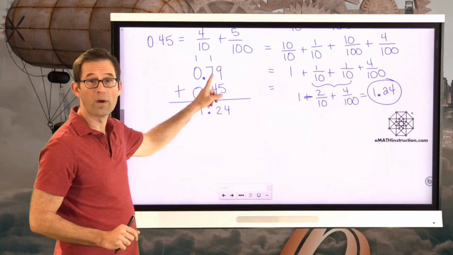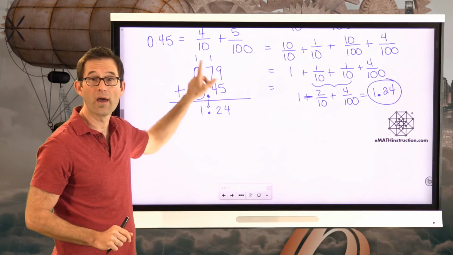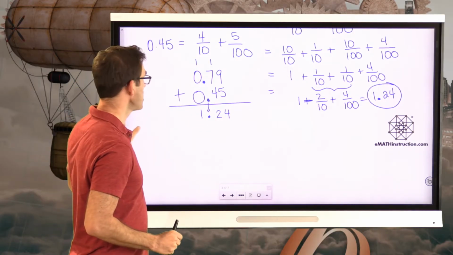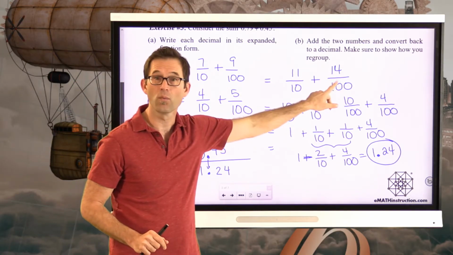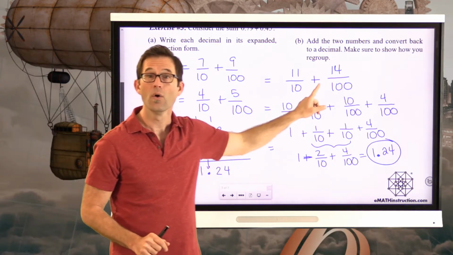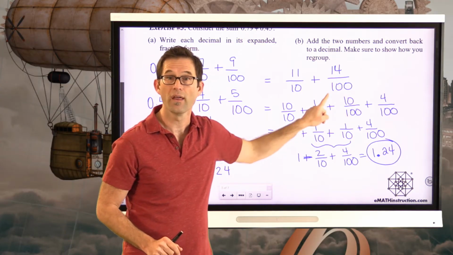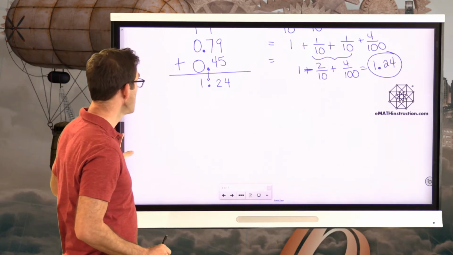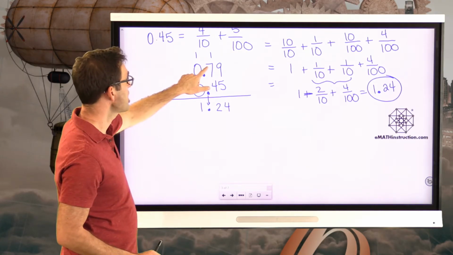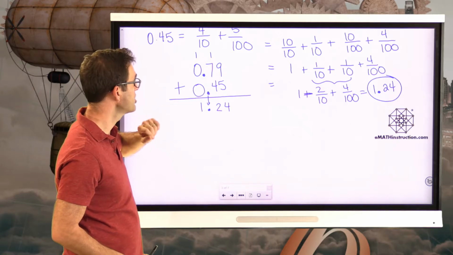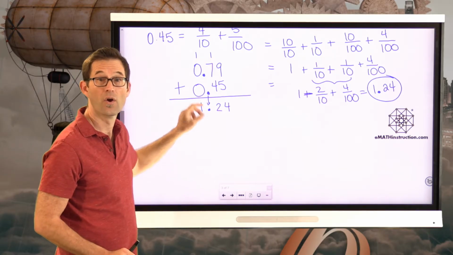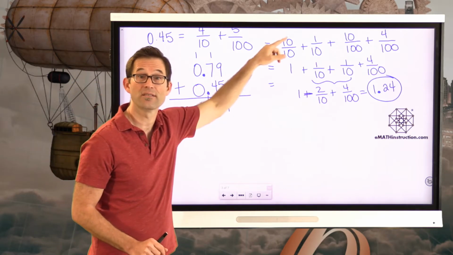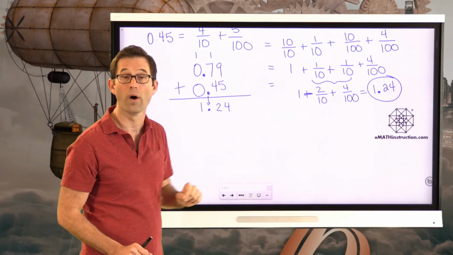When I had 14 here, and I carried the 1, that was this 14/100. Carrying the 1 was actually this piece, right? That gave me that extra 10th. And then when I added the 7/10, 1/10, and 4/10, and I got 12/10, then that 10/10 became the number 1.